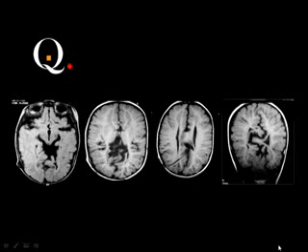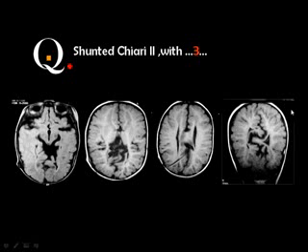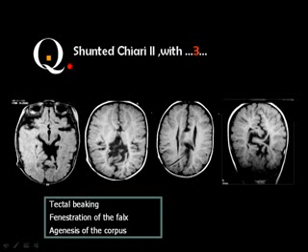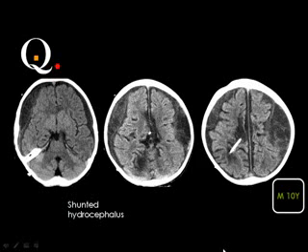Chiari 2 malformation with 3 other findings. Fenestration of the falx, very good. Peaking of the tectum, very good. Agenesis of the corpus callosum, very good. Okay.